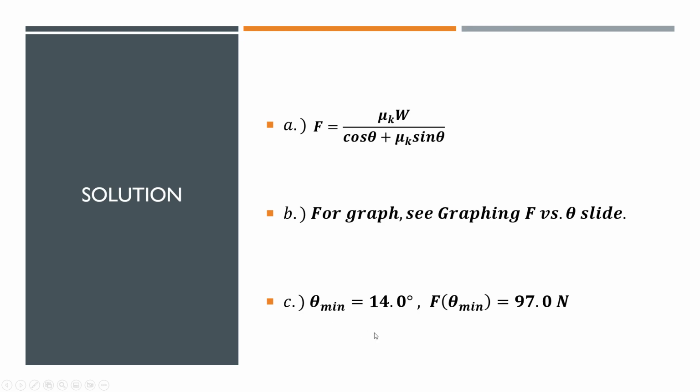But we had to find the second derivative of f and check that it was positive across the entire interval from 0 to 90 degrees in order to say that this was truly the case. And thankfully it was. And when we evaluated f at this special angle, we found that the minimal force was 97 newtons to 3 significant figures.